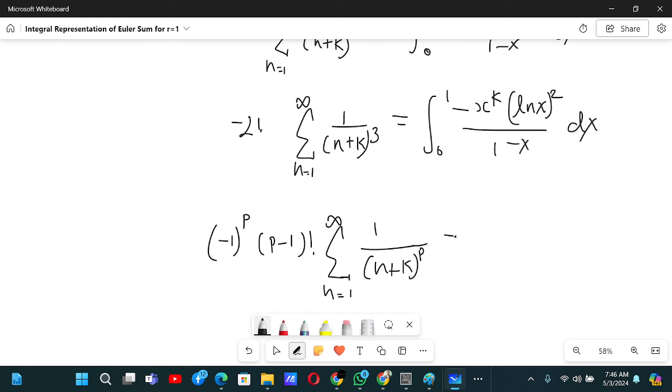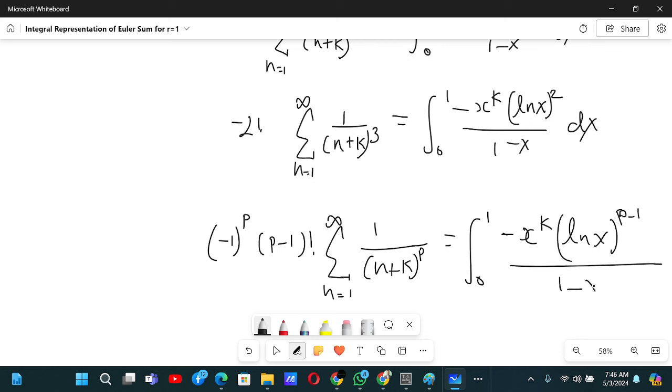This is equal to the integral from 0 to 1 of minus x to the power k times (ln x) to the power p minus 1, by 1 minus x, dx.